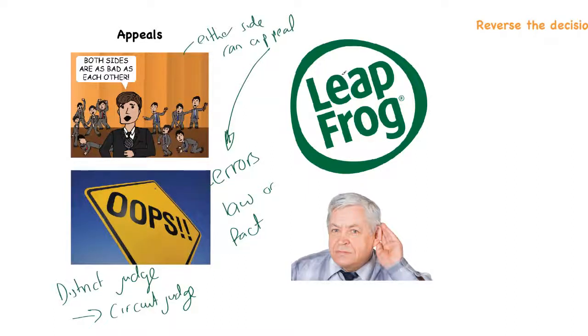We can, as I've said earlier, leapfrog from the court of first instance, often to the Supreme Court. But this is only going to be used when the case is of extreme significance. If the case is of extreme significance, we may see it leapfrogging directly to the Supreme Court.